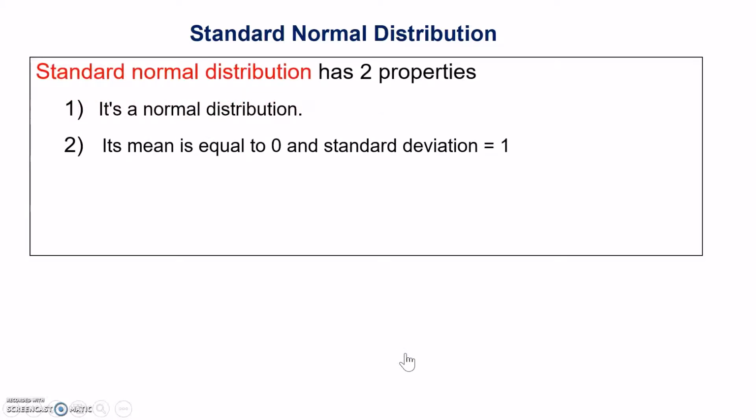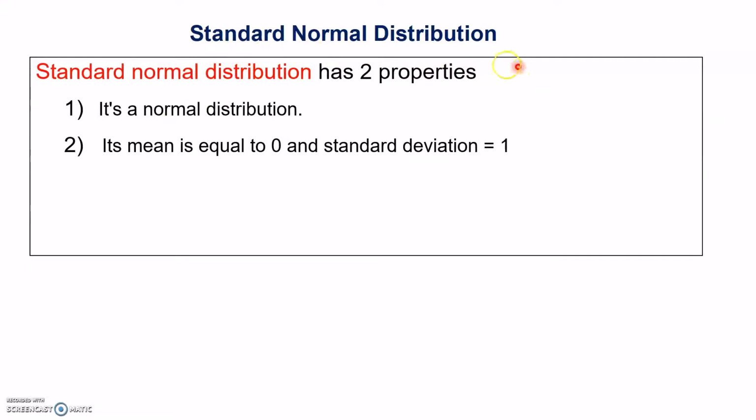So what is a standard normal distribution? A standard normal distribution has two properties. Number one, it is a normal distribution. And number two, it has a special mean and a special standard deviation: a mean of 0 and a standard deviation of 1. Such a normal distribution is called a standard normal distribution.